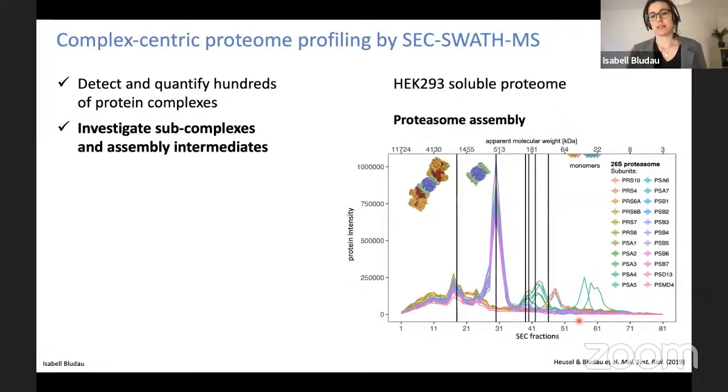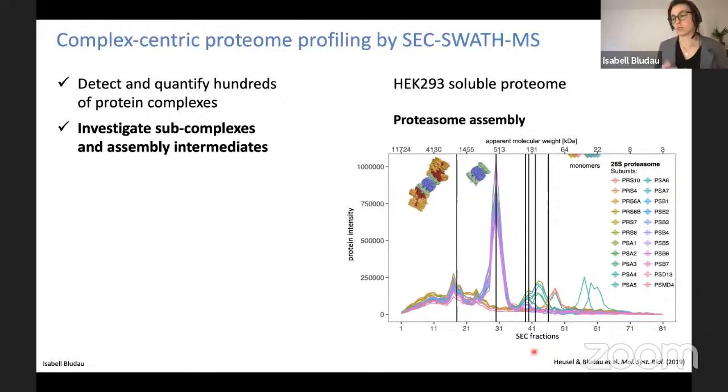What you can see is that the signal on the left here is the highest molecular weight signal, where all of the protein subunits of the proteasome contribute, and this corresponds to the whole 26S proteasome complex. Here to the right, there's a second peak, which only contains alpha and beta subunits that form the core 20S proteasome. But what you can also see is that CC profiler detected several elution peaks in the lower molecular weight range.